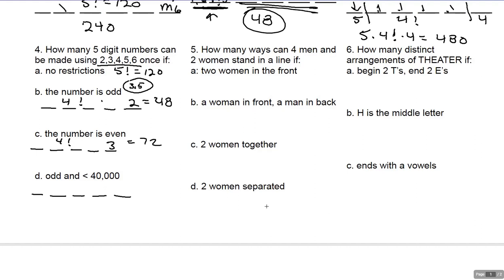Now the problem we run into is, do you notice how the 3 could be at the front or at the back? All right, so here's what I'm going to do. I'm going to figure out the number of ways that I can have an odd number if the 2 goes first. So I'm saying that first number is a 2.